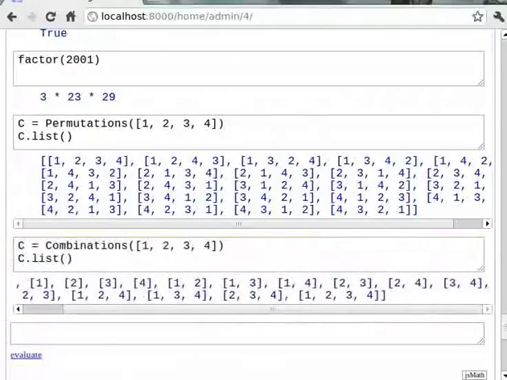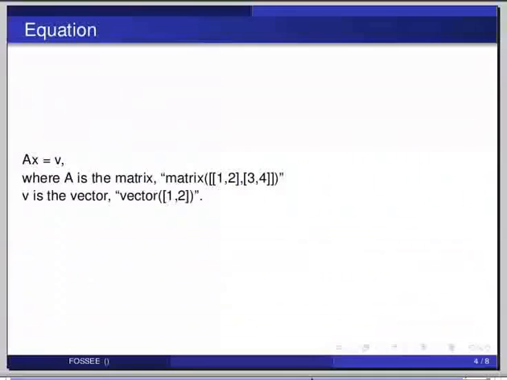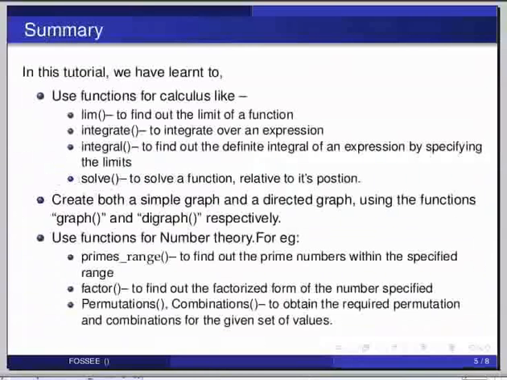So this brings us to the end of the tutorial. In this tutorial we have learnt to use functions for calculus like the limit function to find the limit of functions, the diff function to find the differentiation of an expression, the integrate function to integrate an expression, integral to find the definite integral of an expression by specifying the limits, then the solve function to solve an equation. Then we created both a simple graph and a directed graph using the functions graph and digraph respectively.